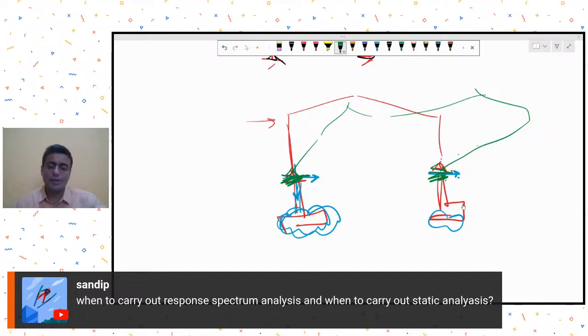Basically, if there is any irregularity in the structure, that irregularity can be of geometry, or of mass, or of stiffness. If there is any sort of irregularity, usually we try and conduct response spectrum analysis for it. That is the underlying principle. But for more details, you go to IS 1893 Part 1, 2016.